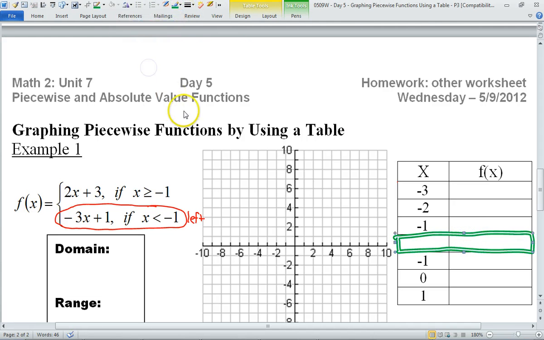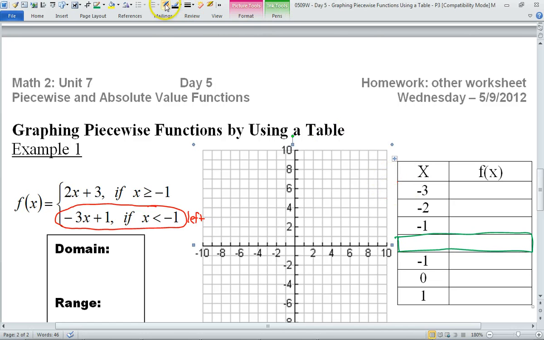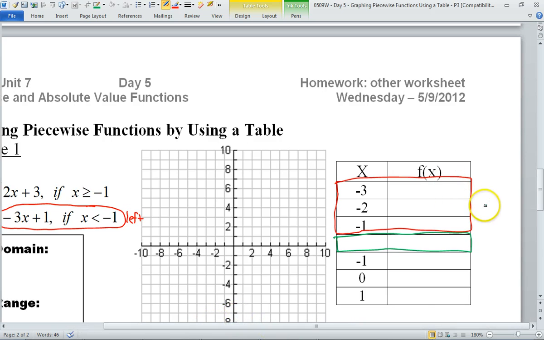Let's make it green because that's kind of neutral. So these values at the top of my graph are from the left side of my equation. Why did I put an F first? I don't know.